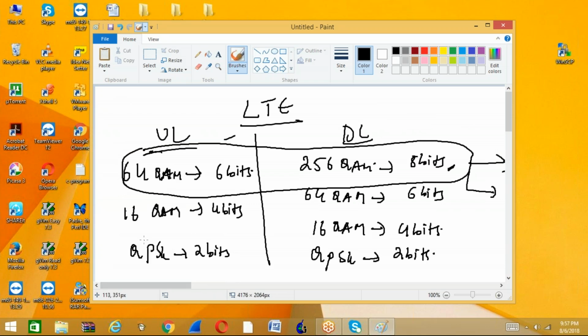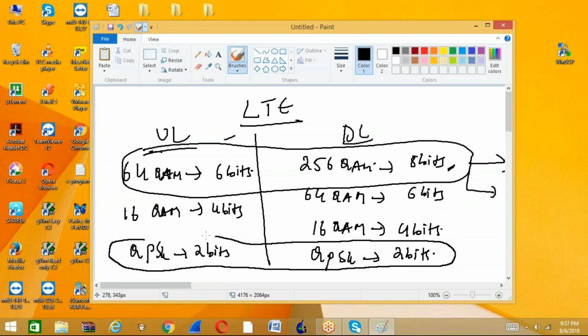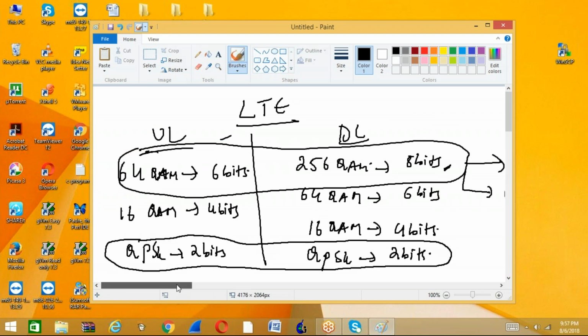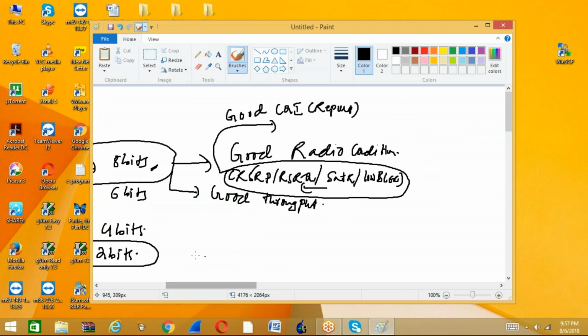So I take the second case. In the second case, this is using bad radio. Bad radio means the same thing, all these are bad.